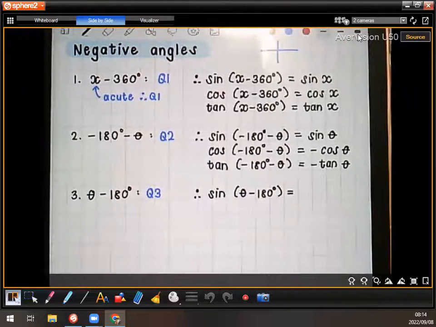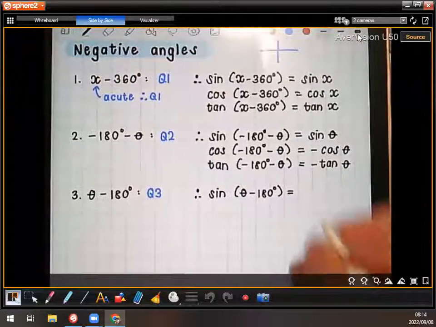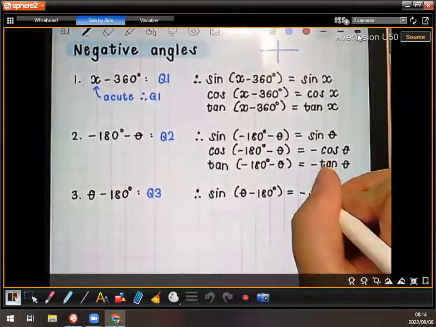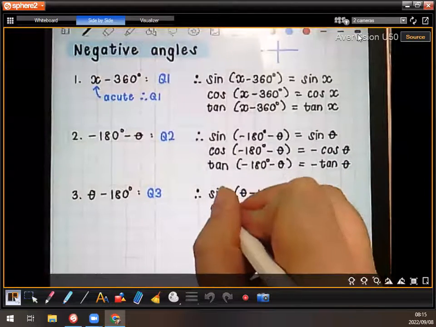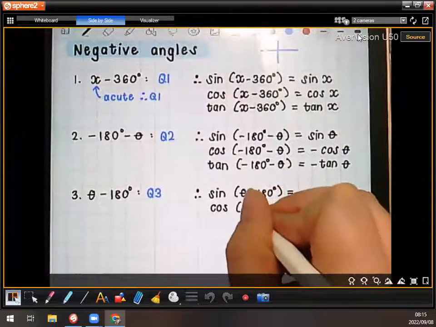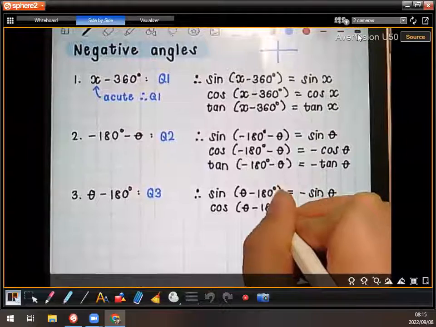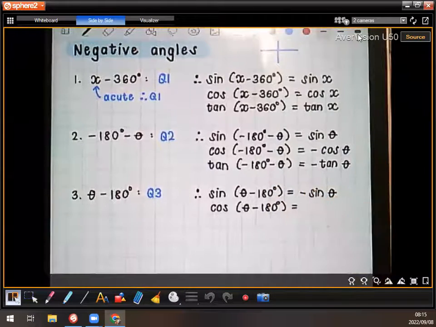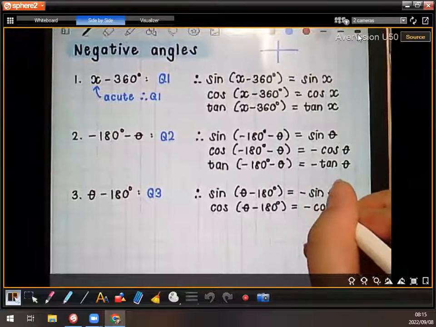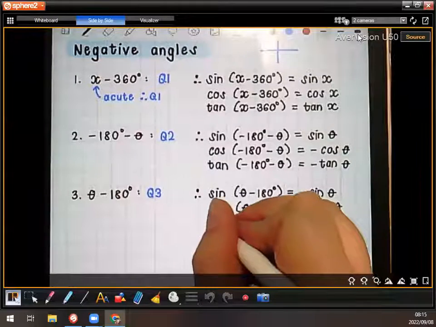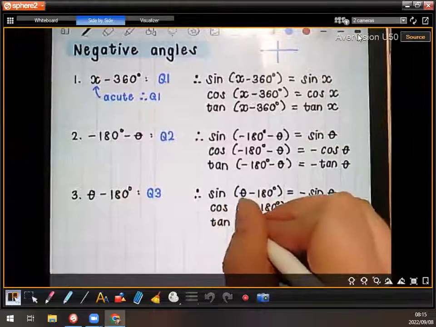All right, what is sine in the third quadrant? Negative. So this becomes negative sine theta. Cos in the third quadrant is also negative, so negative cos theta. And then tan in the third quadrant is positive.